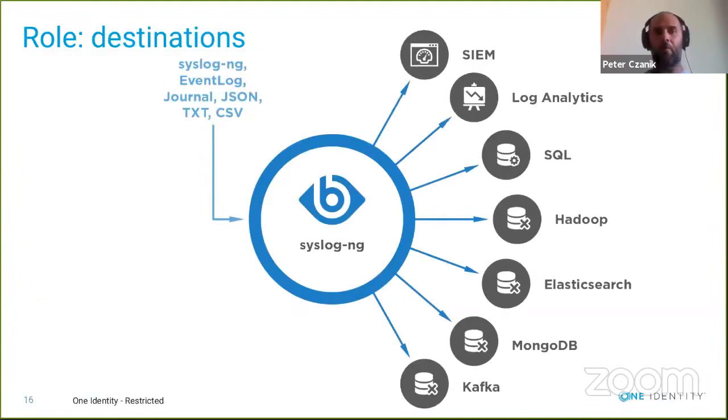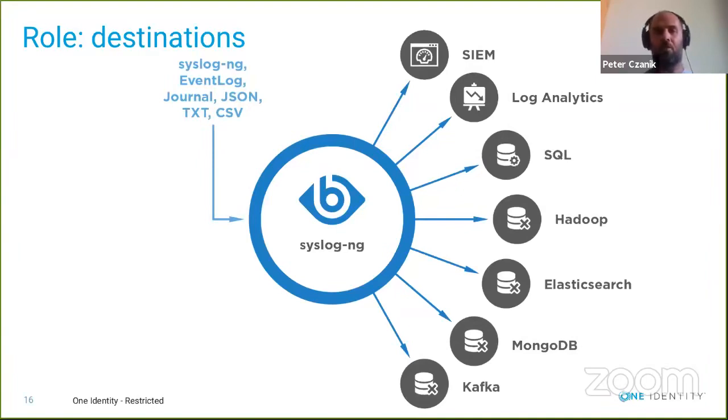Finally, you want to store or forward your log messages somewhere. Traditionally, syslog messages were collected into flat files, and this is still the most used format for long-term archiving of log messages. But you can store logs to databases, to different big data destinations, Elasticsearch, and forward to different log analytics systems as well.